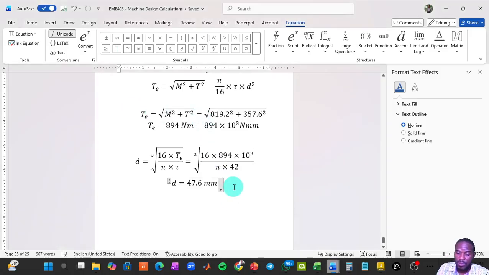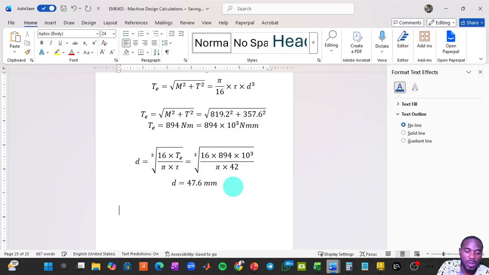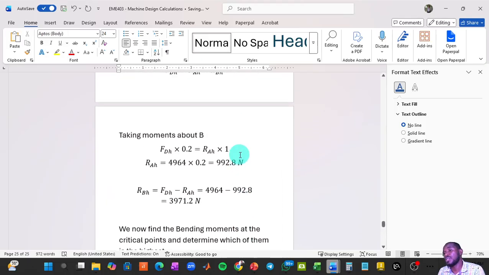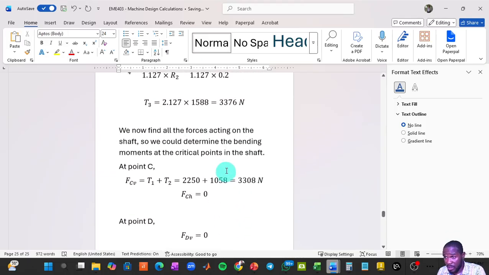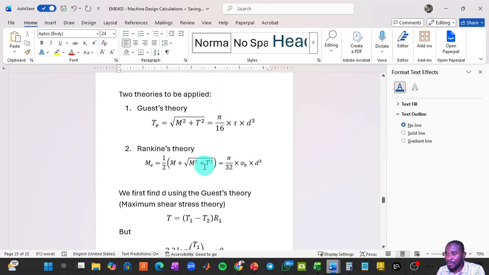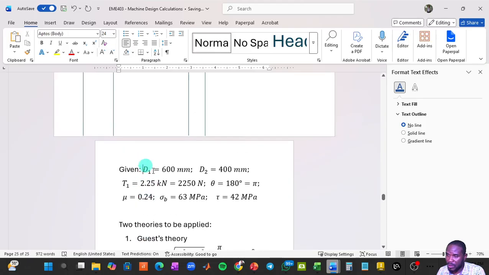So now I'm checking the Rankine's theory, which is this. I must go back up and grab it. Excellent.